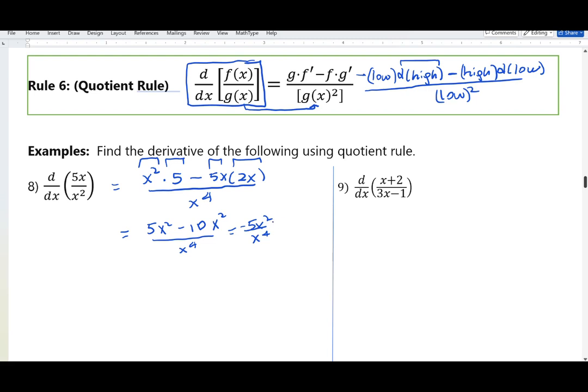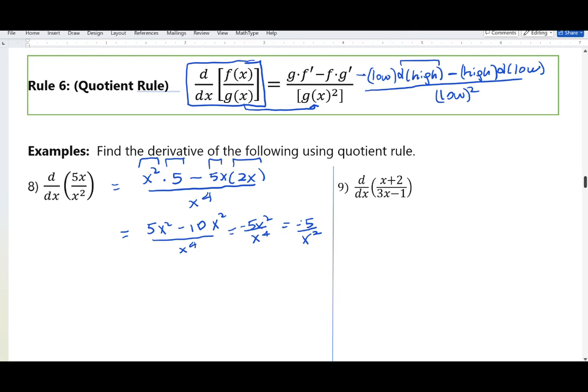And if you simplify that further, notice x squared on the top can be simplified with x to the 4 on the bottom. So it'll be negative 5 divided by x squared. And if you look back at our original trial and error process, that was indeed the answer we expected to get. So again, this method works. This is what we're going to use when we are using the quotient rule.